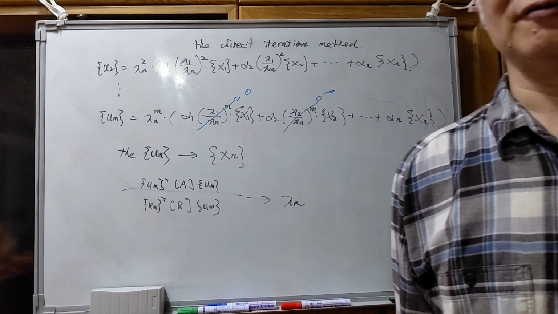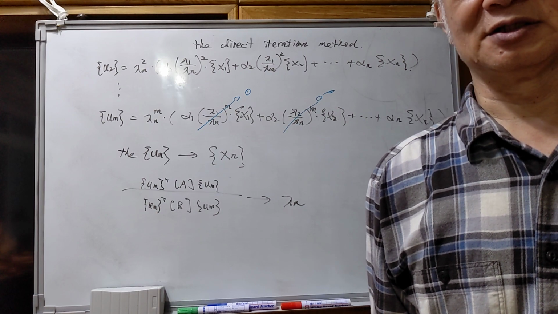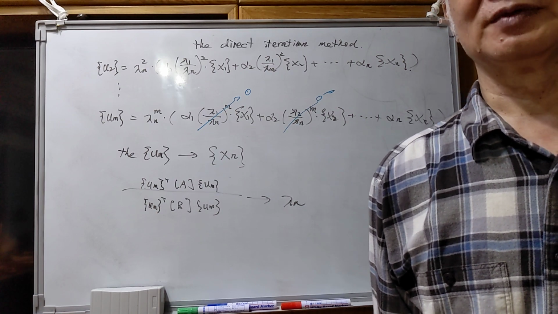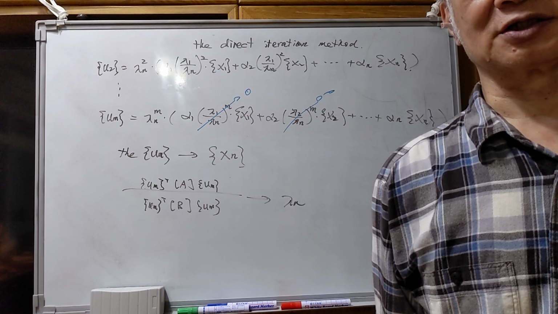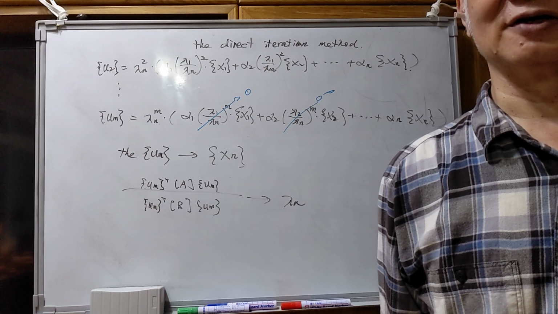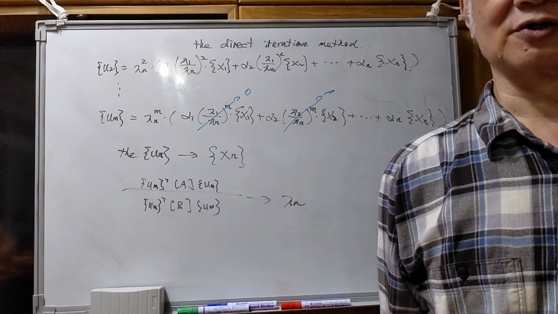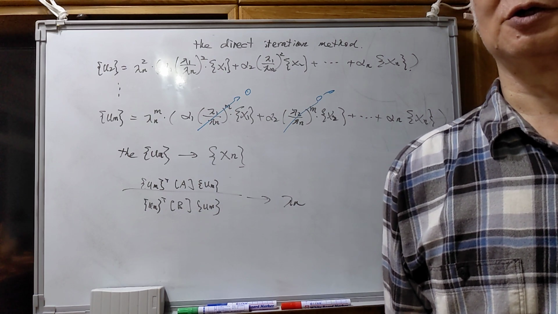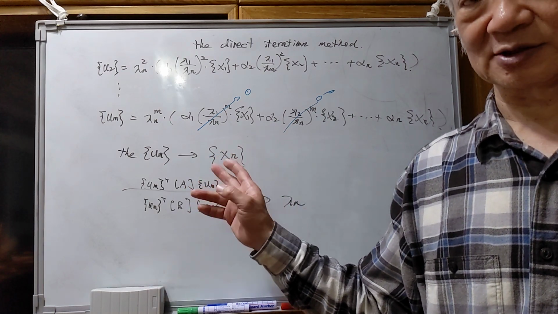We can use the inverse iteration method. Also, we can use the direct iteration method. It depends on which eigenvector we like to get in the first state. If we use the inverse iteration method, we will get the lambda 1 and the corresponding x1.